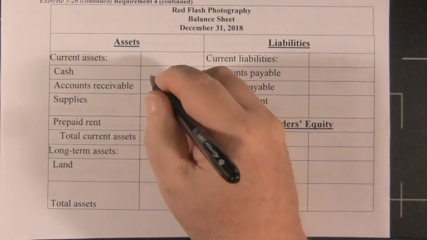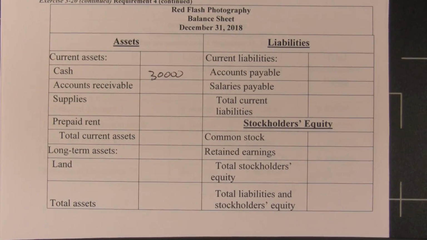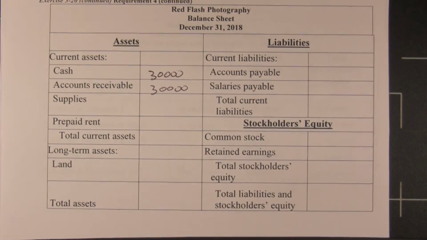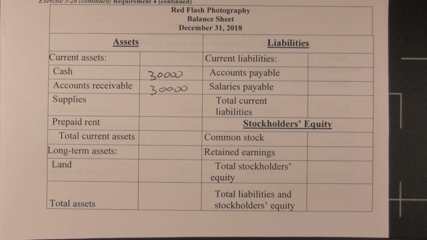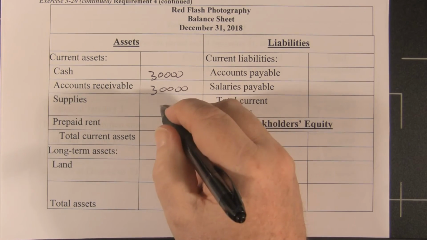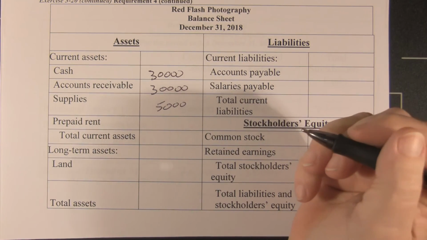So we have $30,000 in cash, and strictly by luck, we have $30,000 in accounts receivable. Those numbers are not related. Now keep in mind, this is a formal accounting document, so we're not using debits and credits. We have $5,000 in supplies, excuse me, I can't read my own notes.